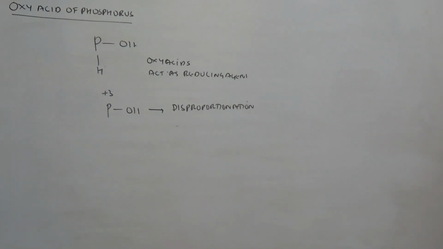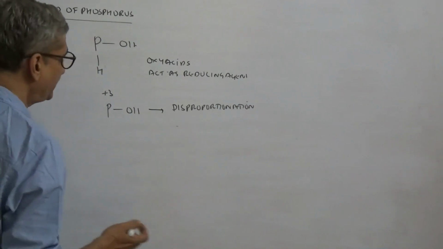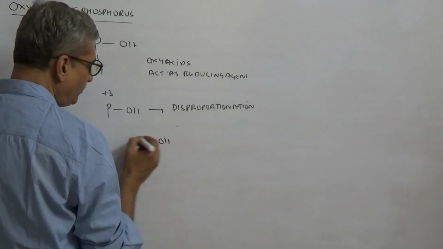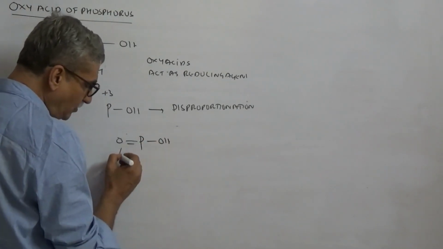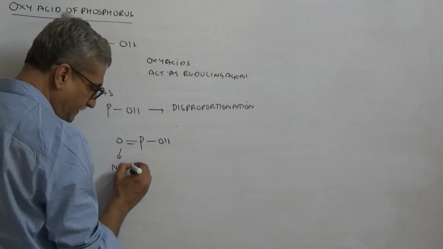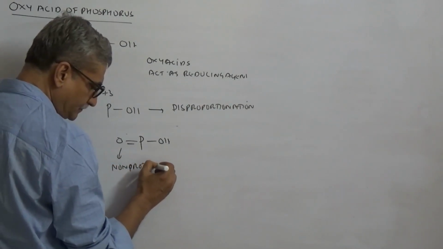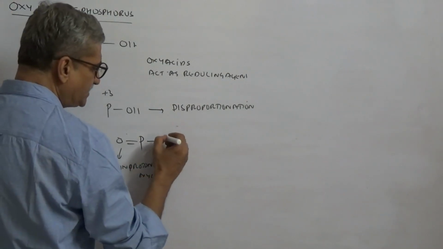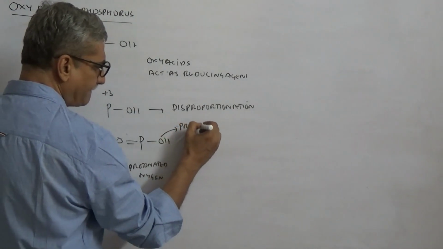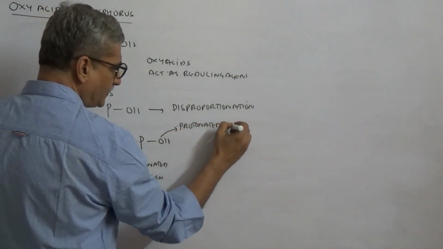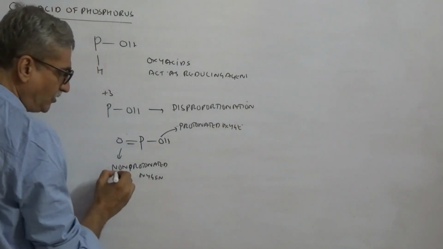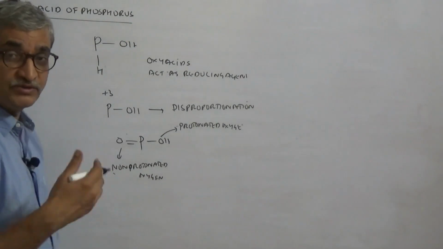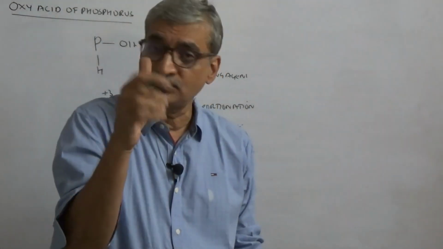These are some very basic points that we are talking about. Now, let us look at another structure. You have P-OH. This is called non-protonated oxygen, and this is called protonated oxygen. As the number of non-protonated oxygens increases, acidity increases. Which will be more acidic is one question, so you are supposed to know the structure.